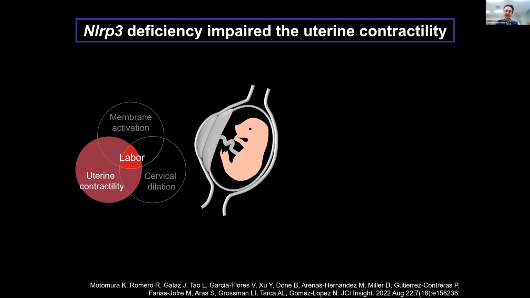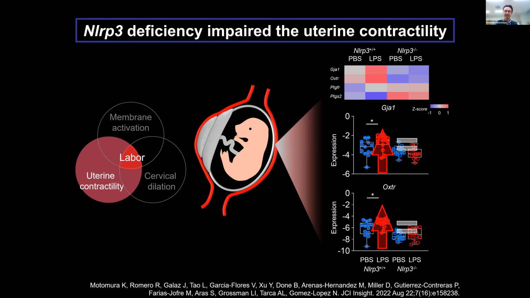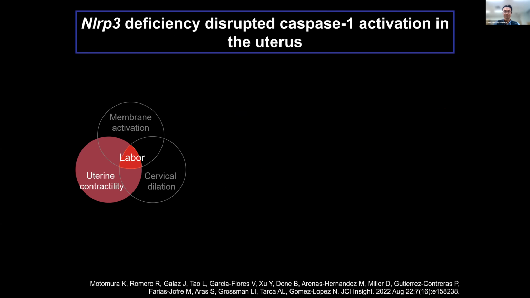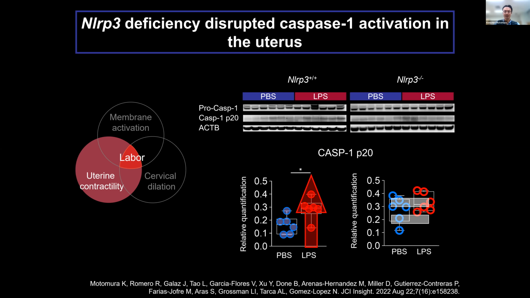In the uterus, LPS induced the upregulation of contractility genes in wild-type mice. However, such an increase did not occur in knockout mice injected with LPS. LPS also induced caspase-1 activation in the uterus of wild-type mice, which was abrogated in knockout mice.